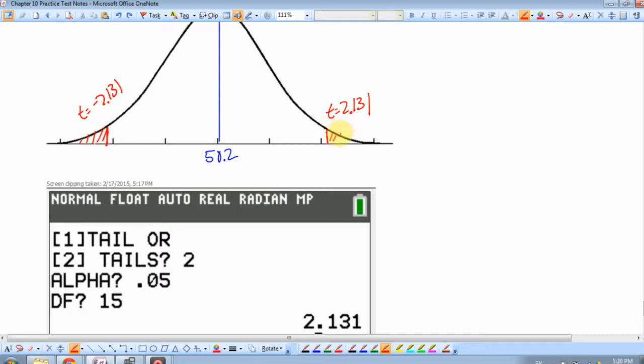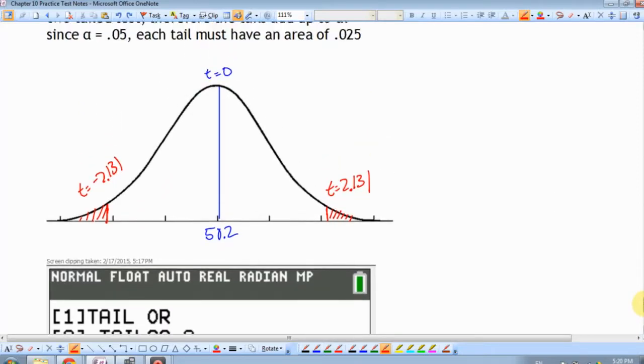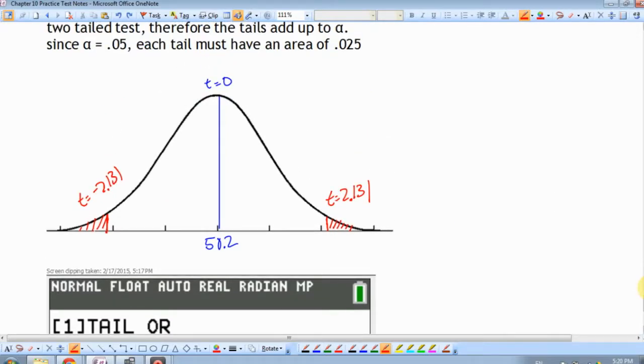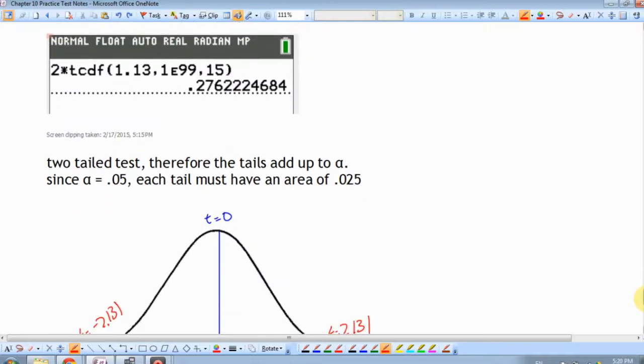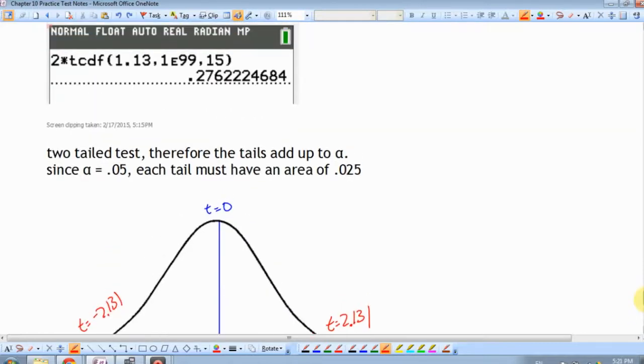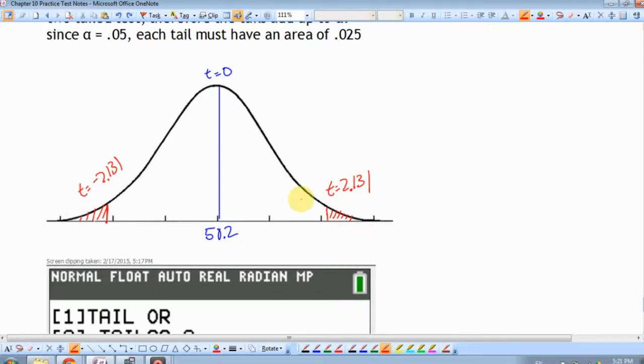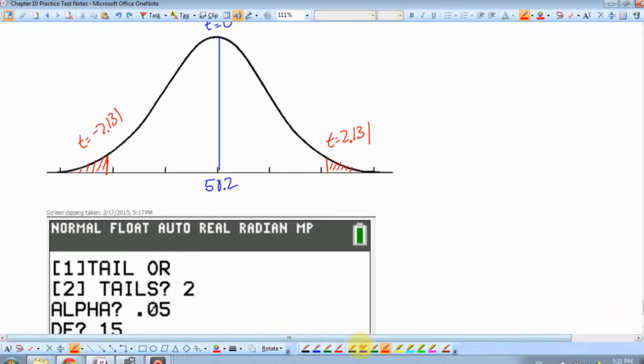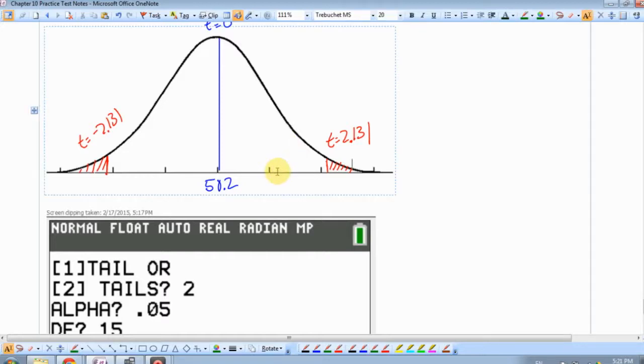Any t-value, test statistic that ends up in the rejection region will end up being rejected. What was our t anyway? 1.13, which is not in our rejection region, right? 1.13 is not in the rejection region, which is reason for us not to reject.